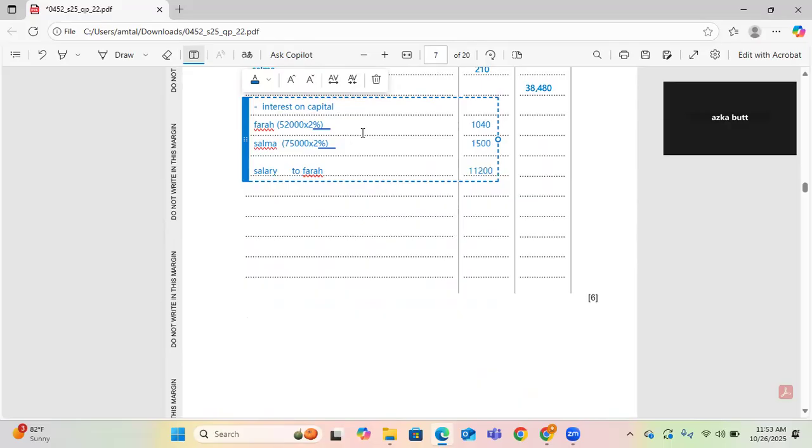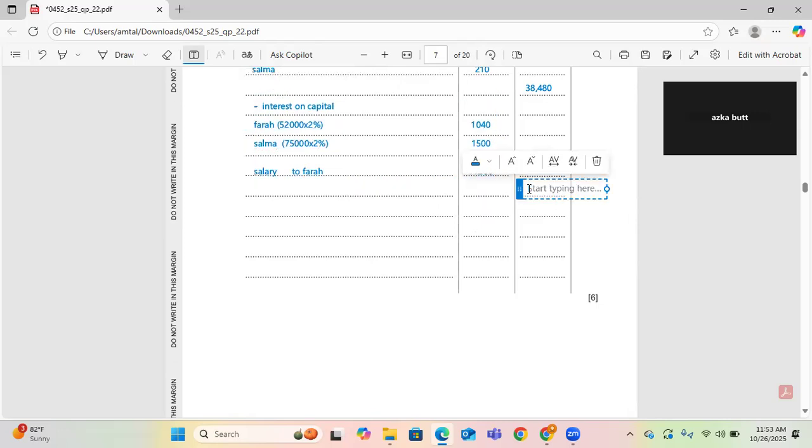Okay, and let's see how much now: 38,480 minus 1040 minus 1,500 minus 11,200. So the total which I get, which we can say is the residual profit, is 24,740.